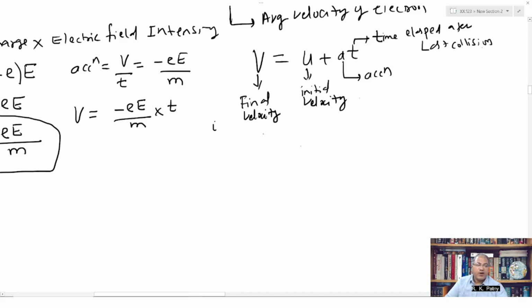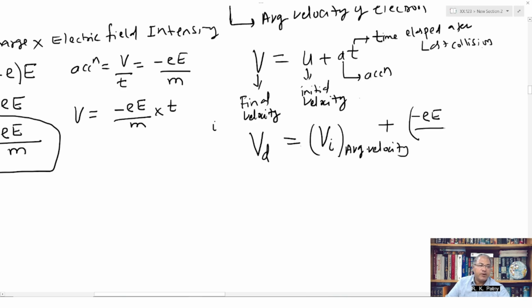Now this final velocity, let us denote by the symbol Vd, where d is the suffix. The initial velocity was the velocity before the last collision, that is Vi, the average velocity, plus the acceleration, which is minus E multiplied by capital E upon m, and the time is nothing but Ti.